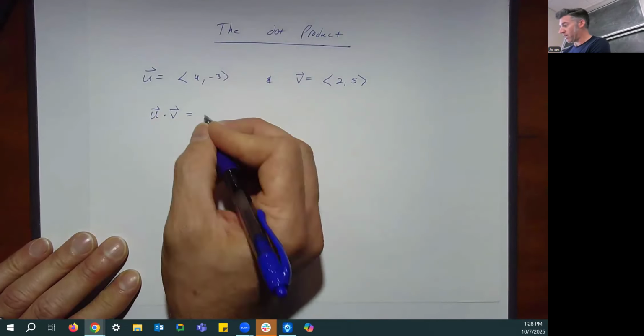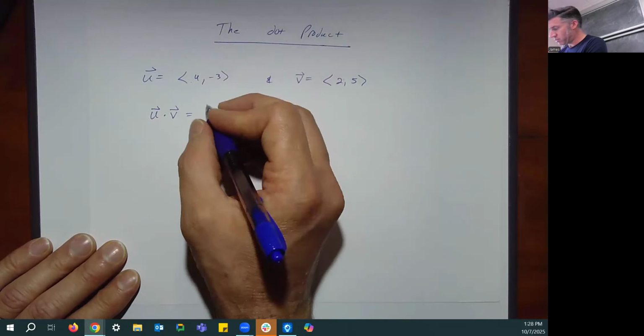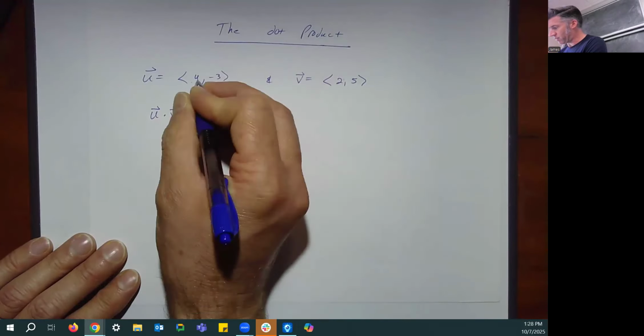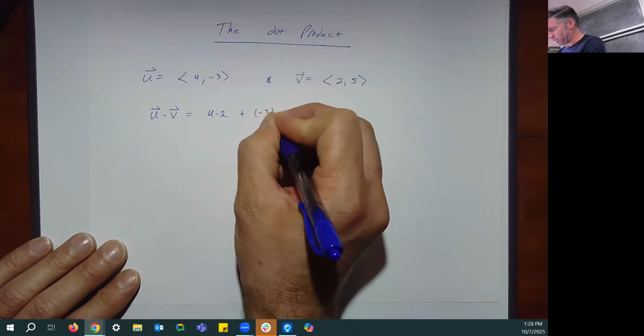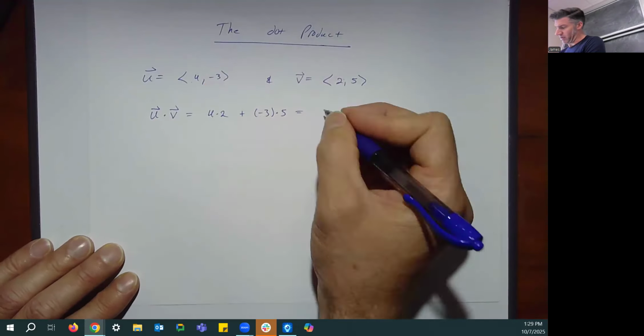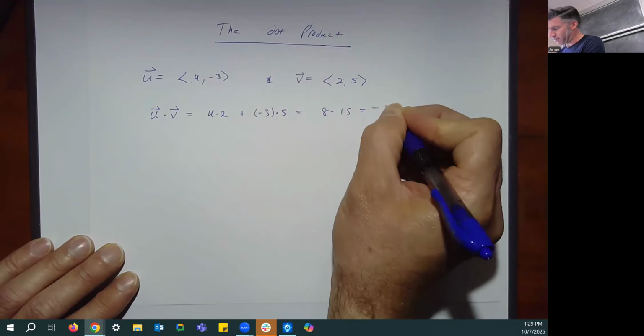You're just multiplying the corresponding components together and adding up the result. So it's 4 times 2 plus negative 3 times 5, which in this case happens to be 8 minus 15, which is negative 7.